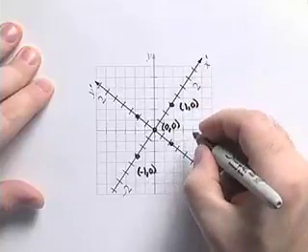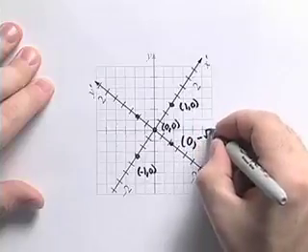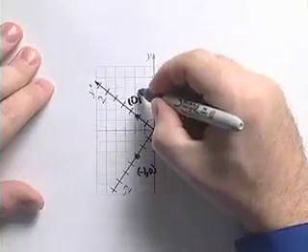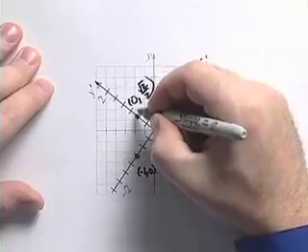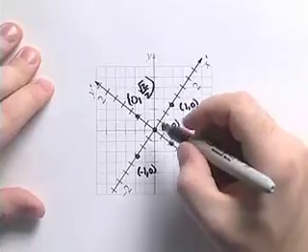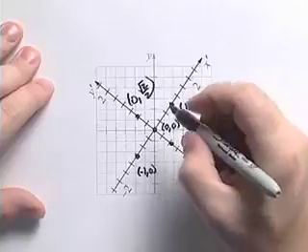That will give us 0, negative square root of 2 over 2 for that point. And then up here we'll have 0 and a positive square root of 2 over 2. We're going to plot our two foci. That's going to be at roughly plus or minus 0.7, 0. Again, square root of 2 over 2.